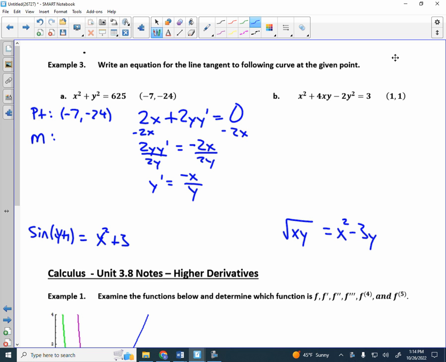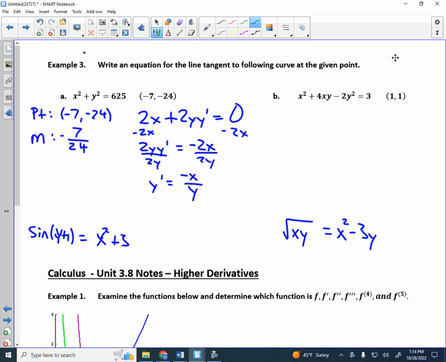We'll go -x over y. So what it tells me is that this will determine my slope so long as I know the x and the y value. What is the x value? So therefore the slope would be +7 over 24, and it is negative. Agreed? Okay? So I've got a -7 over 24.